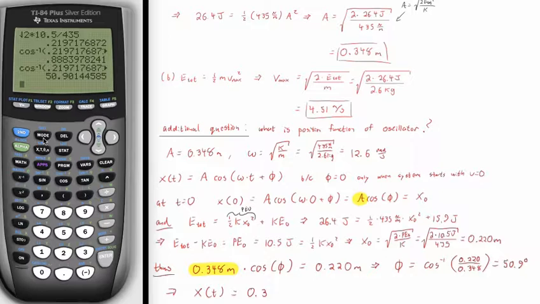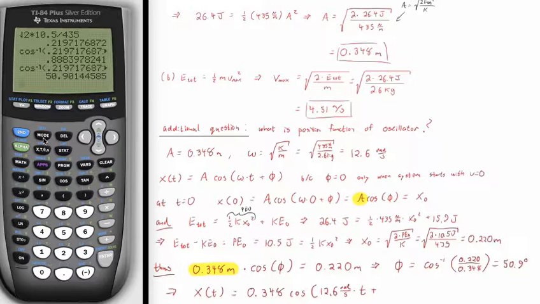0.348 times cosine of 12.6 radians per second times time plus, well, actually, I do want it in radians. It would have been a bad idea to put it in degrees. I put it in degrees because I always think about things in degrees, but we absolutely want it in terms of radians, because we have our frequency in terms of radians per second. In fact, the whole function is based on radians.